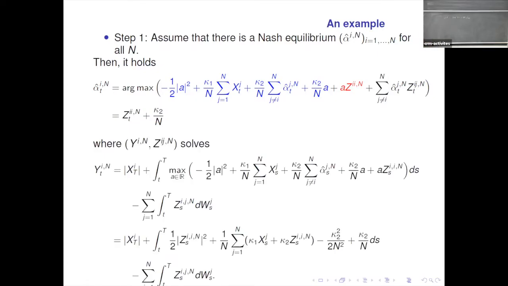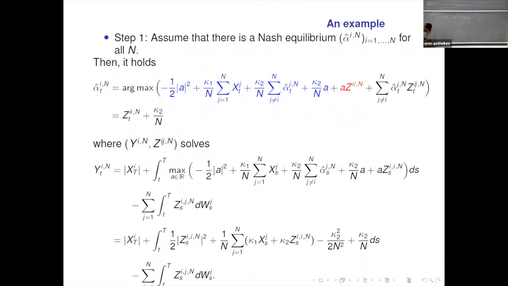So now what is this Z? Z, like I said, comes from some type of adjoint equation. It is such that Z, Y, and this matrix solve this equation here, which is essentially a backward SDE system where the drift is the maximized Hamiltonian. So it's the maximal Hamiltonian in the problem.